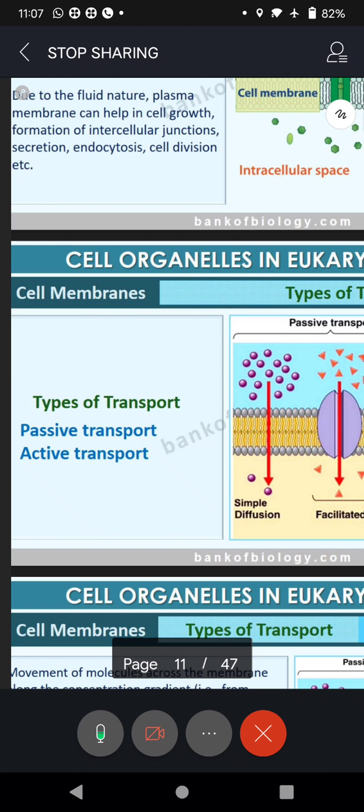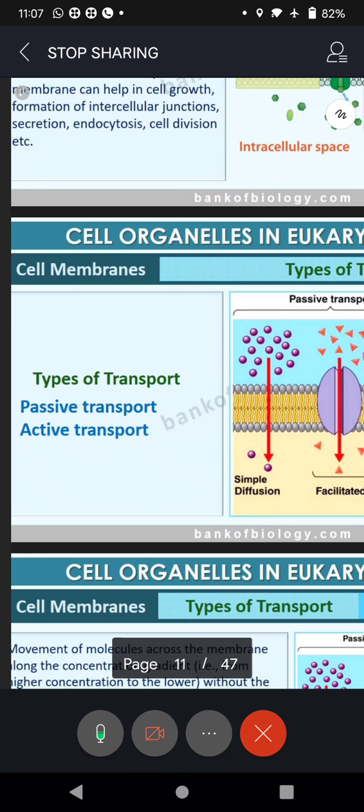Like that, here also the cell membrane will have types of transport. Basically two types. One is passive transport, another is active transport. And as the name suggests, passive transport means without spending energy.